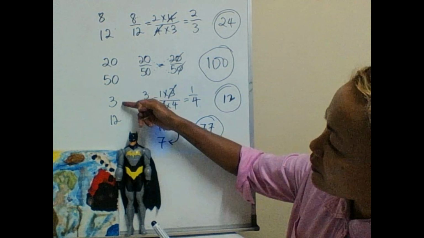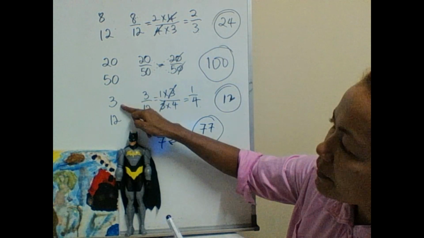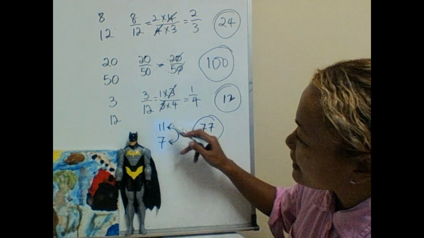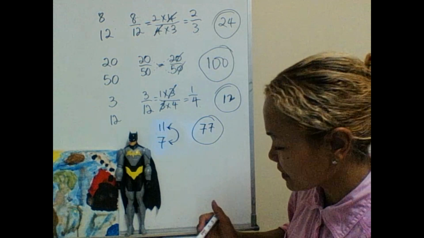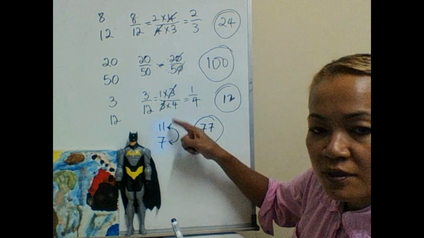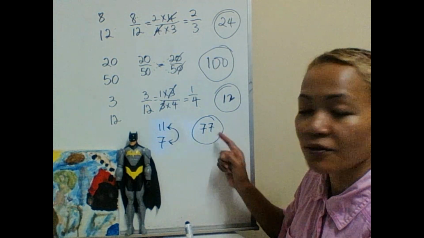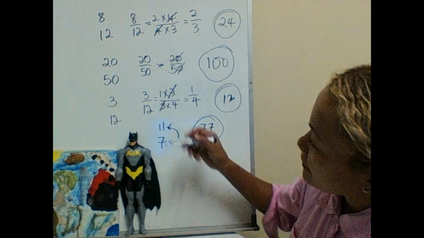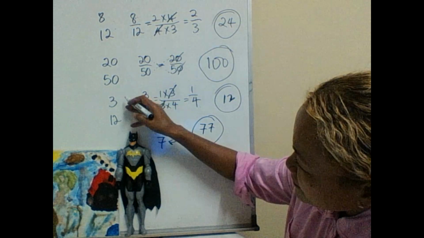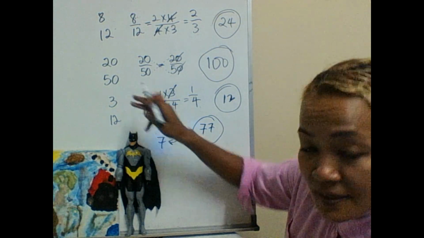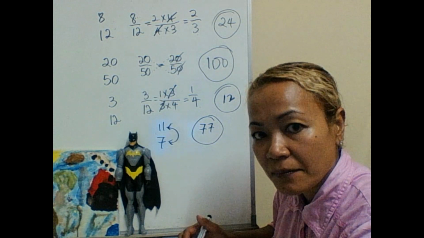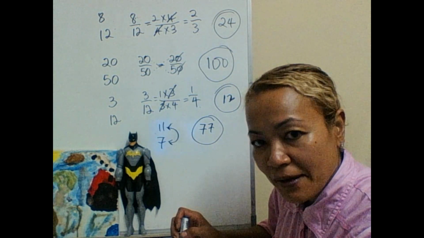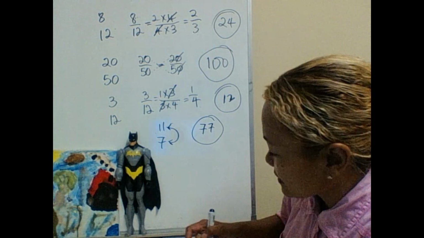So see what happened when only one of the numbers was a prime number, and here when both numbers were prime numbers. When both numbers are prime numbers, you just multiply them by each other, and you will get the least common multiple. And in the earlier case, the greater of the two numbers became the least common multiple.